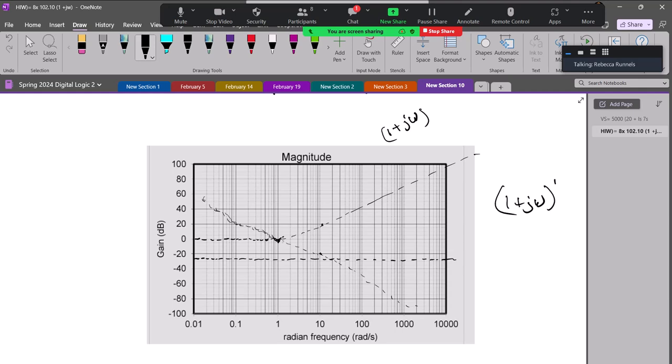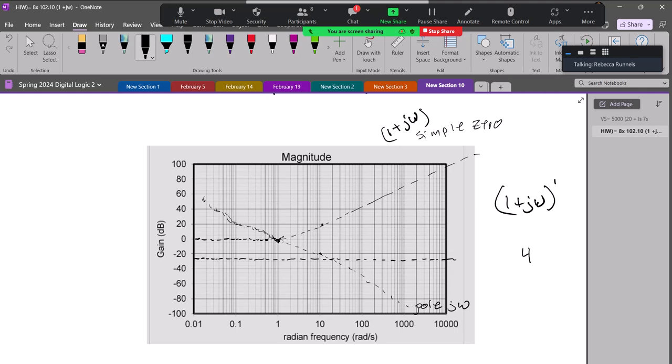And so this one is the pole, j omega. This one is the simple 0. And then I have my quadratic pole, and for my quadratic pole, I take my corner frequency, which is 4, and let me make sure I get this right.